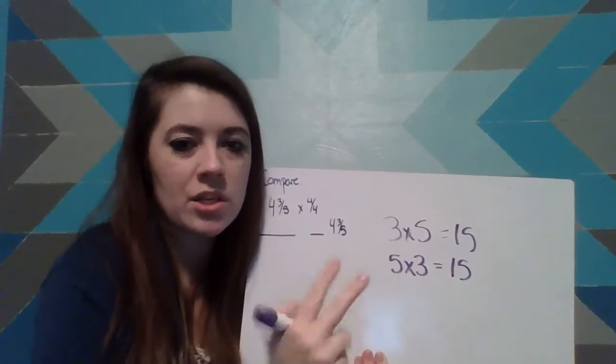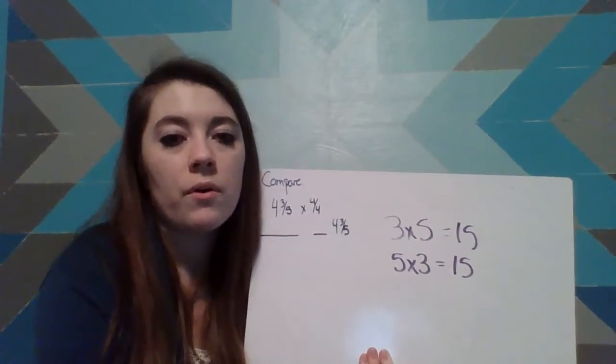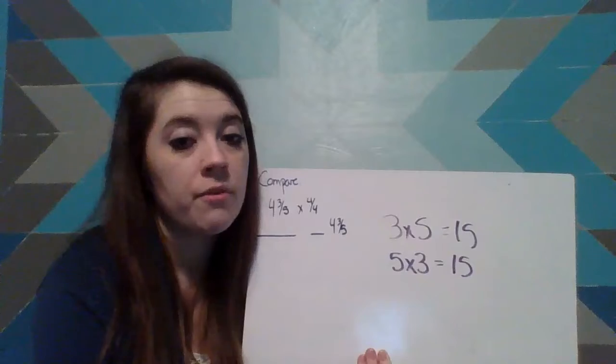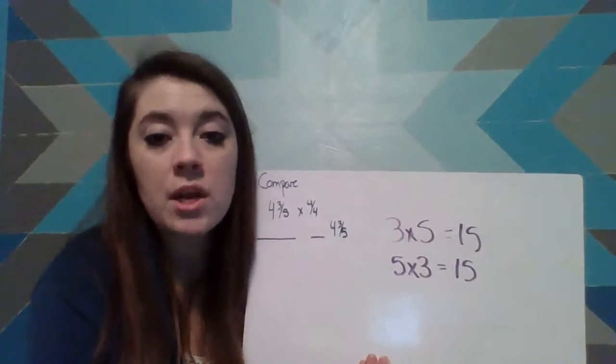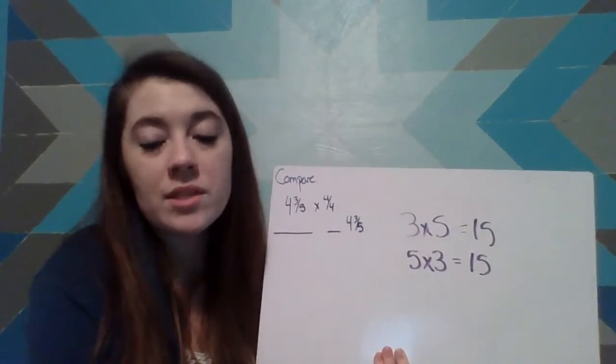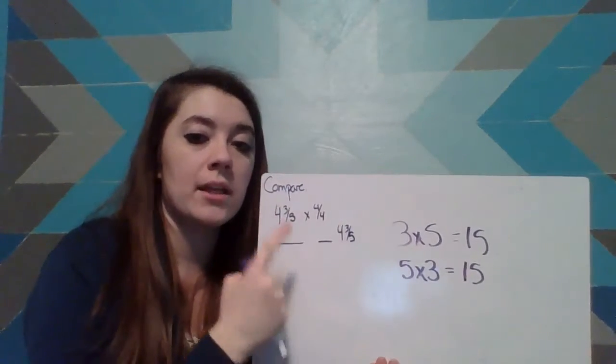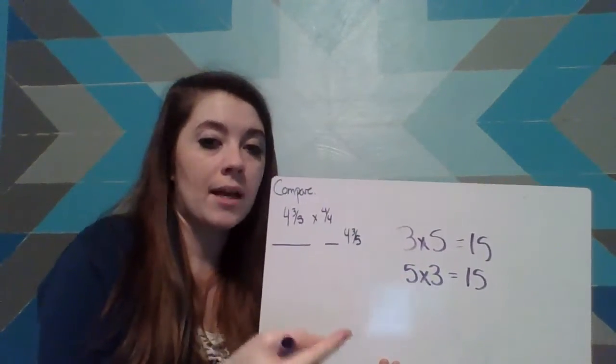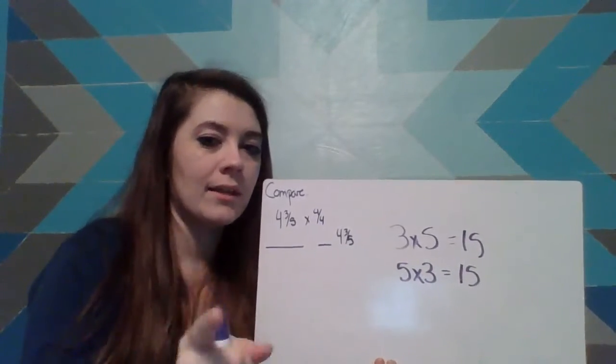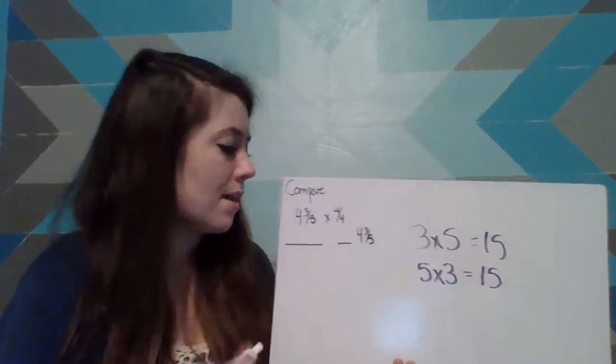It doesn't change it to switch the numbers around. So it's a property known as commutative that tells us that we can switch numbers around when multiplying and we'll still end up with the exact same thing. So with this, it doesn't matter if the scaling number comes first or if it comes second. Also remember, scaling is your key word for this lesson.